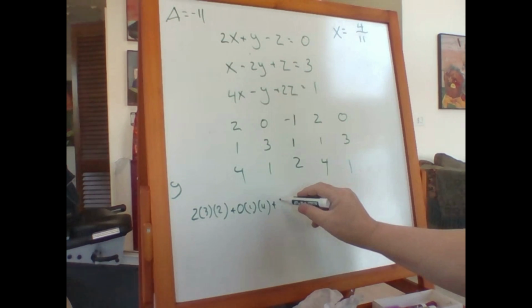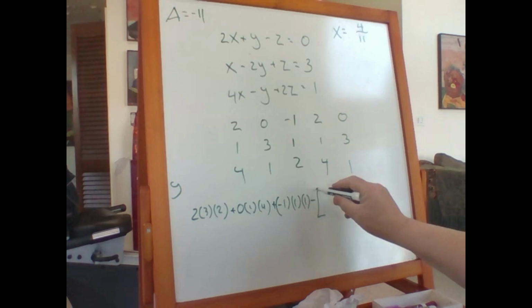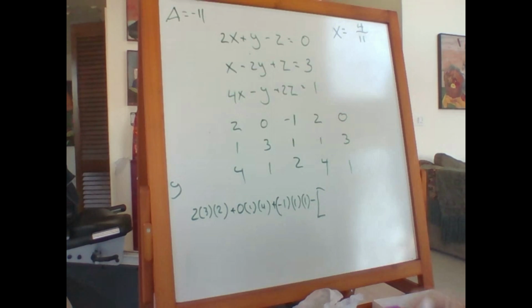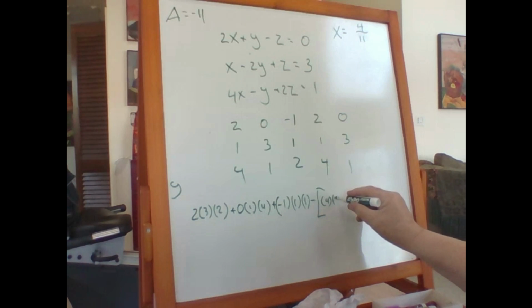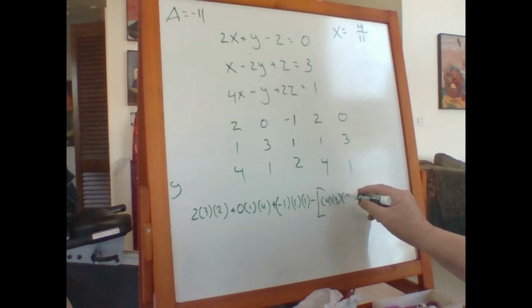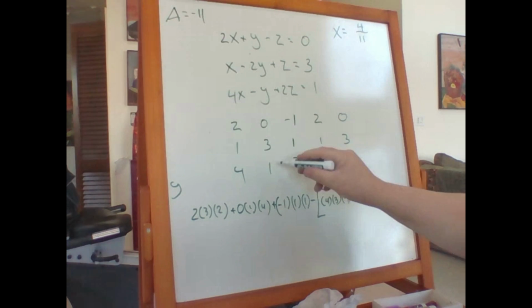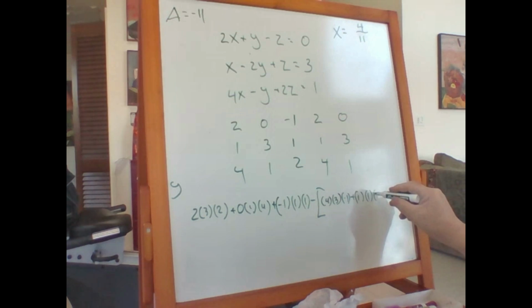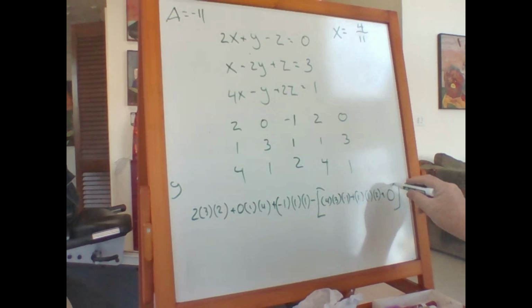Plus negative 1 times 1 times 1 minus, now the upward diagonals, times 4 times 3 times negative 1 and plus 1 times 1 times 2 plus, and that's 0.